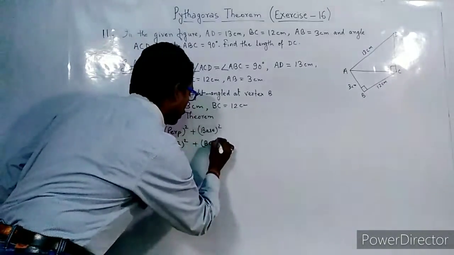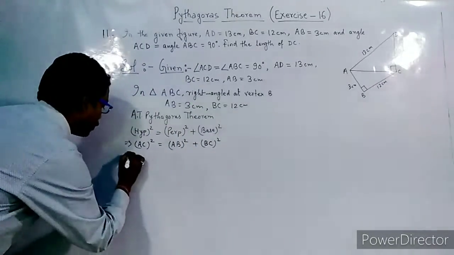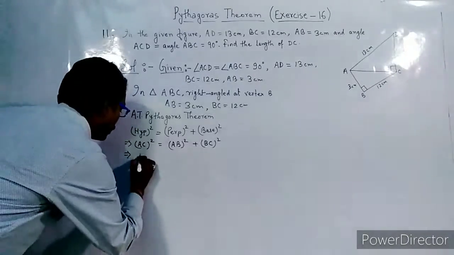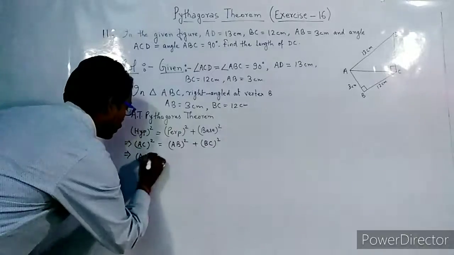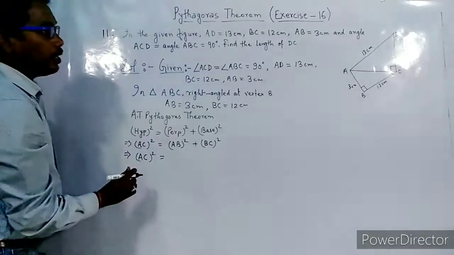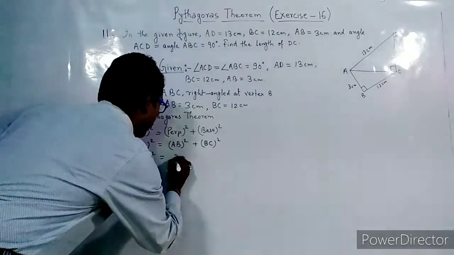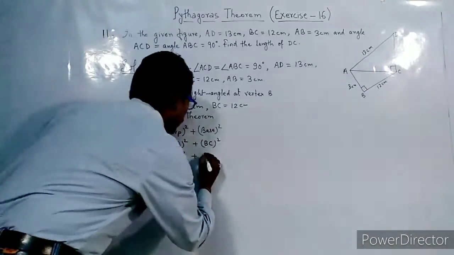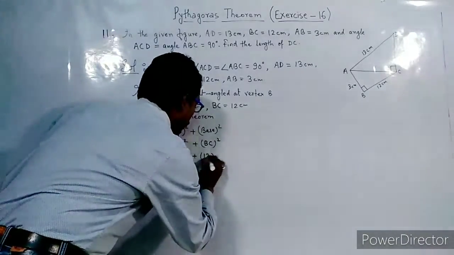BC square. Now we will write the values. AC is not given. We have to find AC. So AC as it is. AB is 3, so we write 3 square. BC is 12, so we write 12 square.